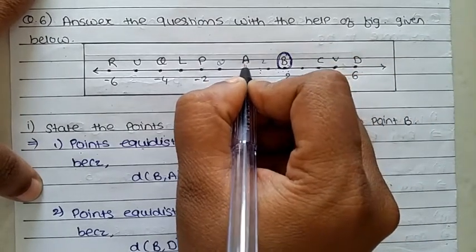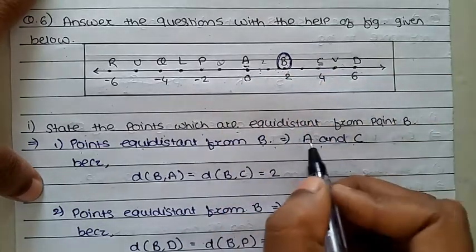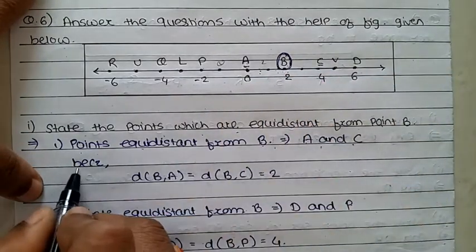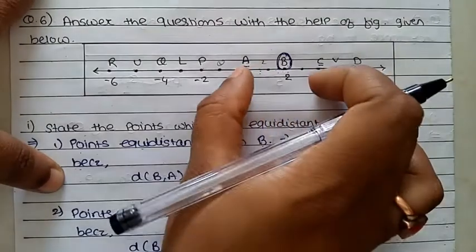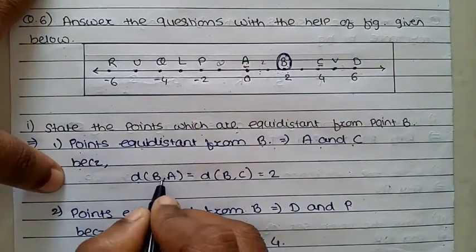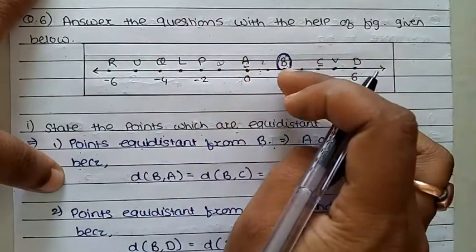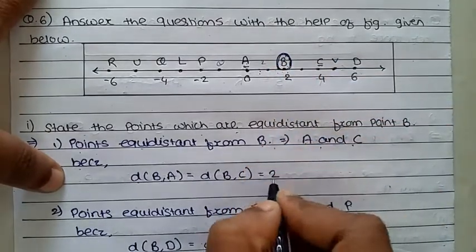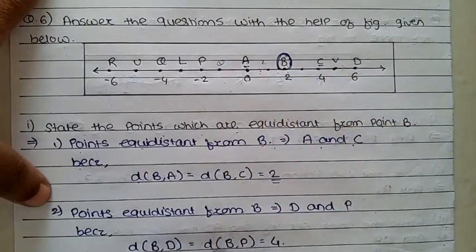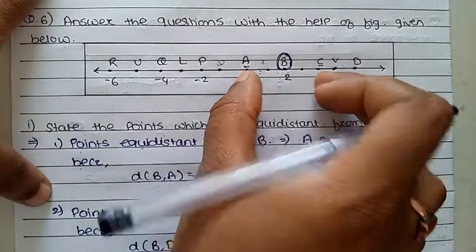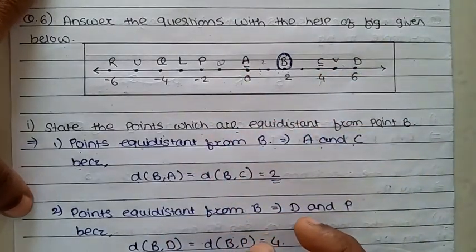First of all, we consider A and C. Clear? Why? Because the distance between BA is equal to the distance between BC, which is equal to 2. So, therefore, we can say that A and C are equidistant from point B.